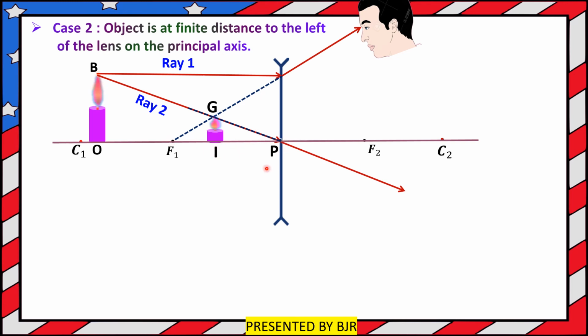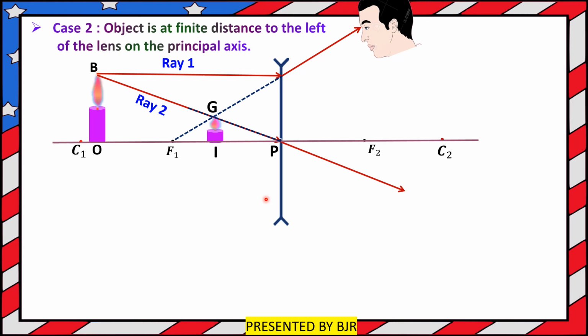The only variation you can observe is that the size of the image may increase. If you move the object slowly towards the lens, the image also moves towards the lens and its size gradually increases. That variation only you can observe.